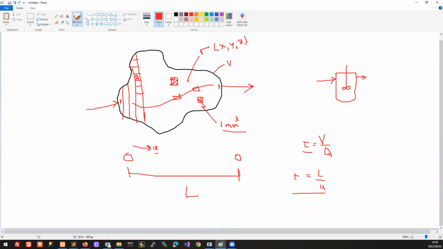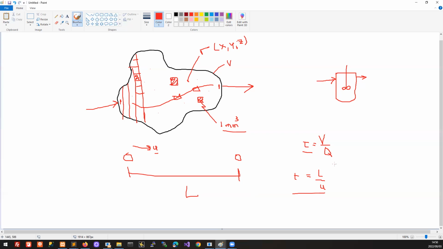Any questions on that? So this tau looks like the average time we spend in the reactor. We are going to look at that in more detail later. In fact, there's a whole section where we work with the age, and we'll see we can actually derive and show that this is true.